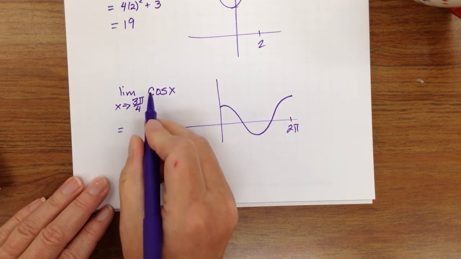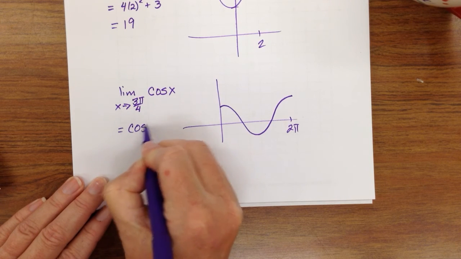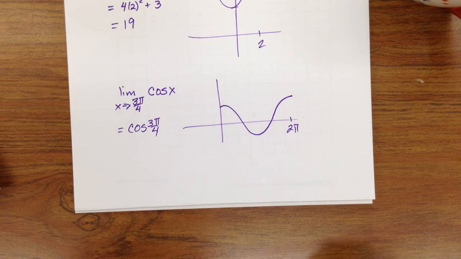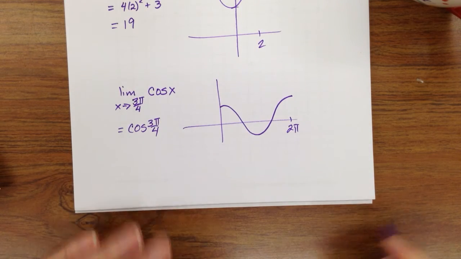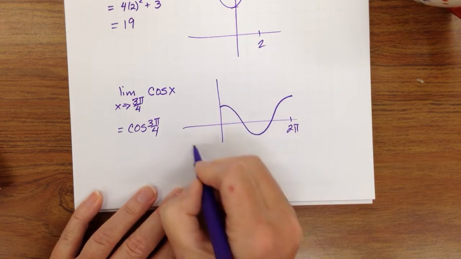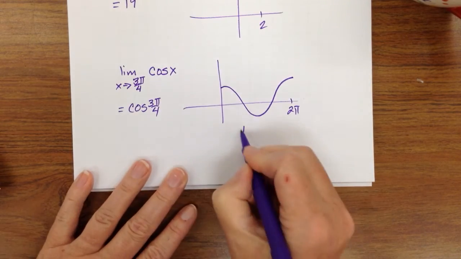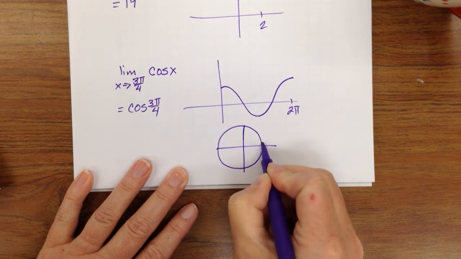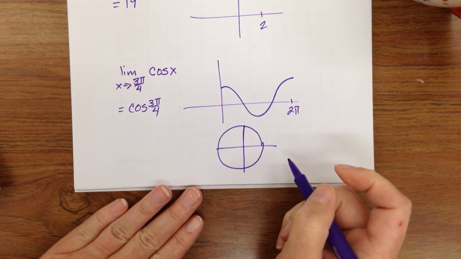So the answer to this will be the cosine of 3 pi over 4. What's the cosine of 3 pi over 4? You have to remember. Instead of looking at the wave function, which you can, I'll consider the unit circle. Do you remember our unit circle? Once around the circle, 2 whole pi.